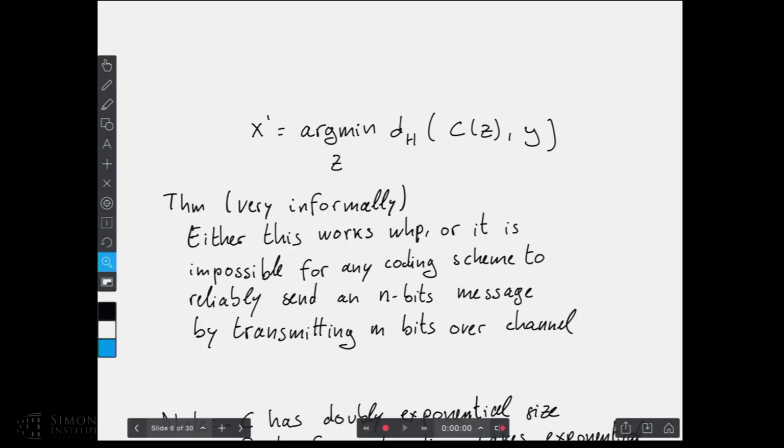So if anything works in this setup, a random code will work.